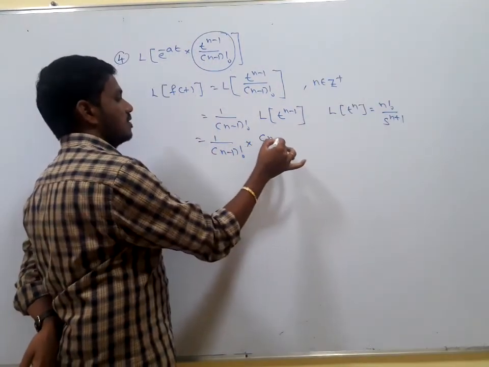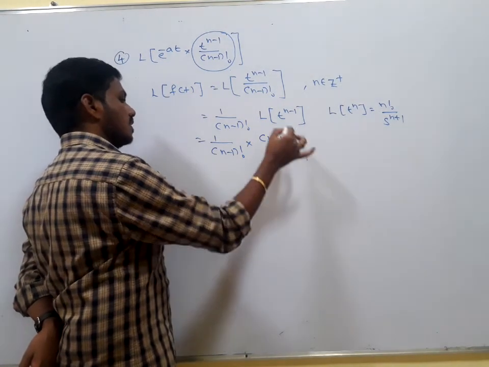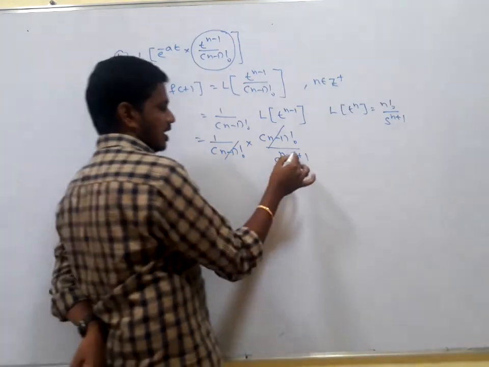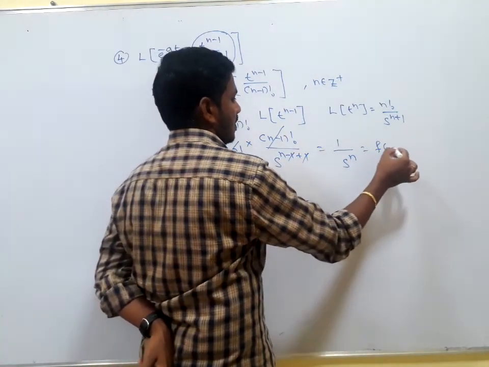So it is n minus 1 factorial divided by s to the power of n minus 1 plus 1. The n minus 1 factorial gets cancelled, the minus 1 plus 1 gets cancelled, which gives 1 by s to the power of n, say F of s.